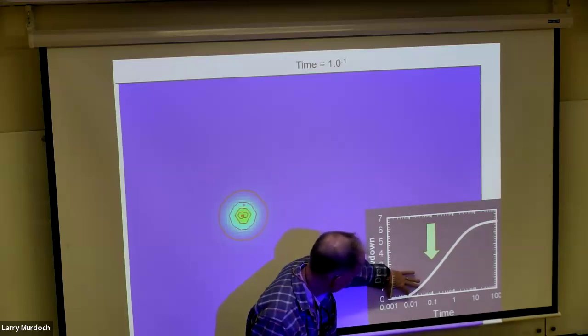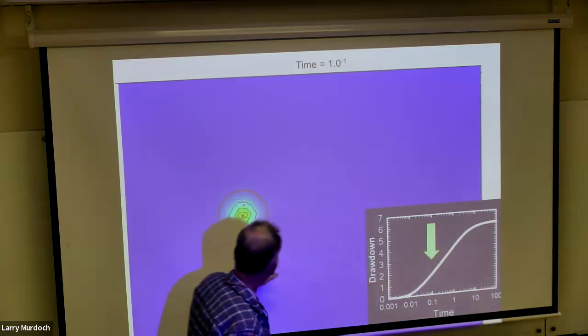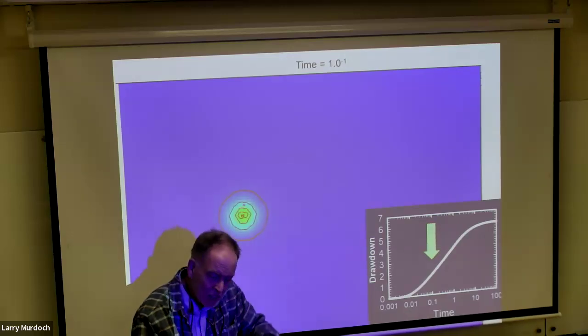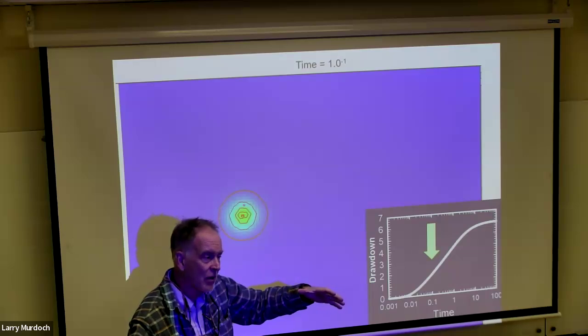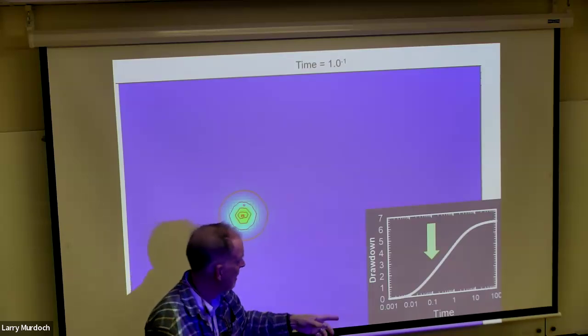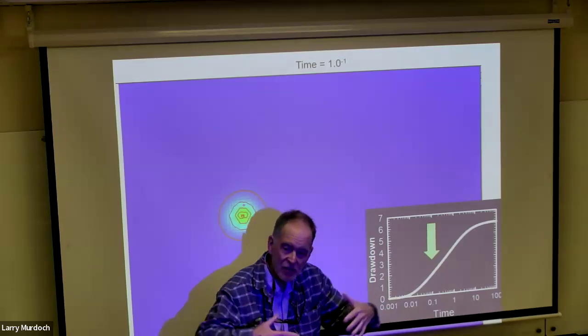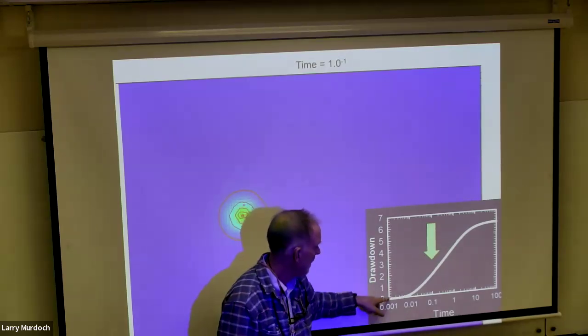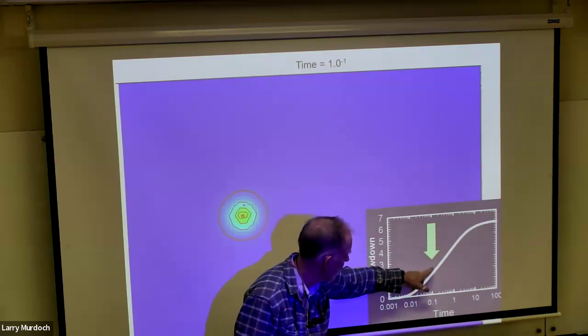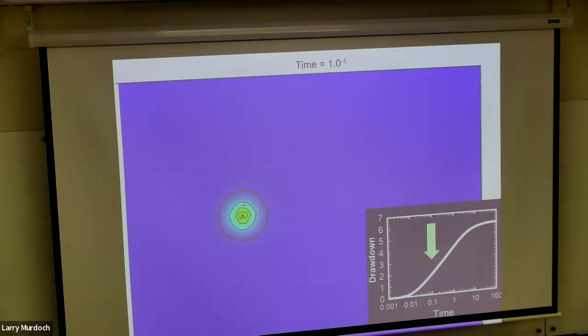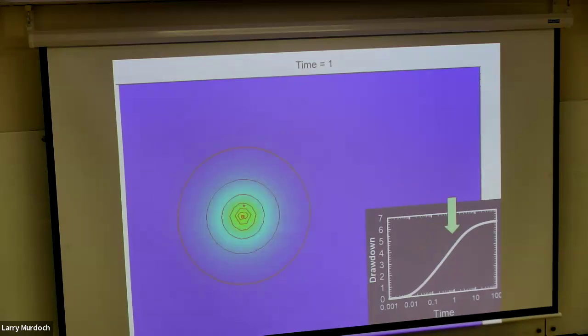Well, it takes a little bit of time where nothing's happening at the monitoring well, even though we're pumping, because the pressure is propagating outward. Initially nothing's really happening at the monitoring well because that pressure front hasn't arrived yet. Then it arrives and we start to get some drawdown and it increases, and it increases some more.